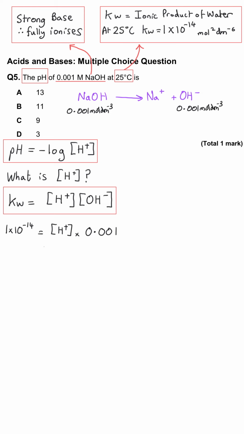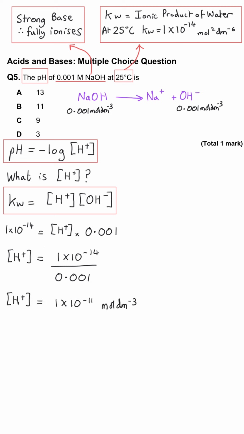And so we can rearrange this equation, and the hydrogen ion concentration will be 1 times 10 to the minus 14 divided by 0.001, which gets us 1 times 10 to the minus 11. And then when we take the negative log of that value, we get a pH of 11.00. And so B is the correct answer. The pH would be 11.